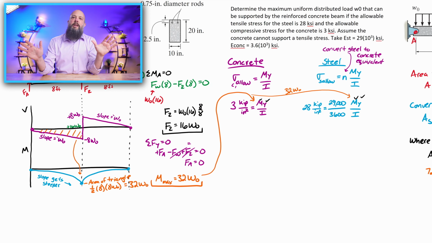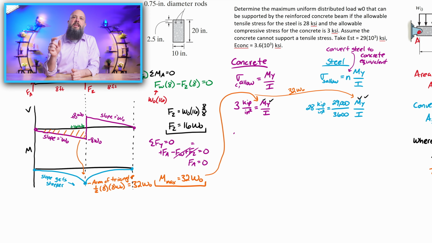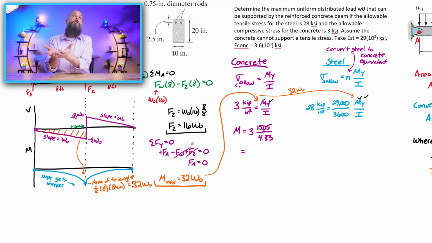We finally start plugging in numbers. 4.33 is the maximum distance for the concrete. 13.17 is the value y for steel, because the value y is distance from the neutral axis. Concrete, the maximum distance is just from the neutral axis down to the bottom. For the steel, it's from the neutral axis up to the steel.